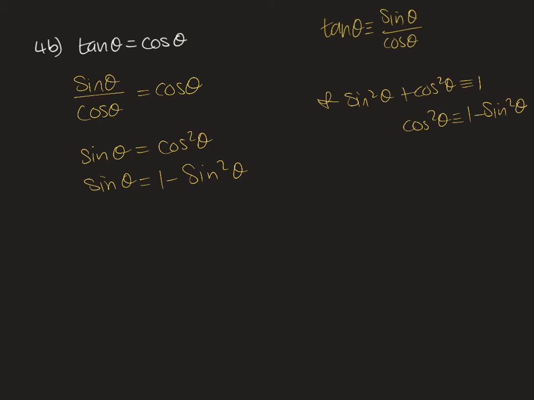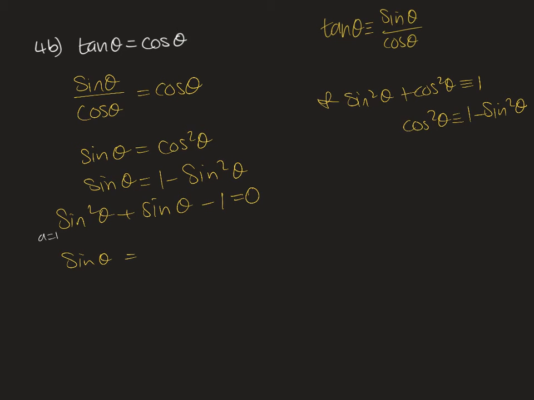Because it's a quadratic, we're going to have to set it equal to 0 to solve it. So sine squared theta add sine theta, take away 1 is equal to 0. This quadratic won't factorise, so now I'm going to have to use the quadratic formula to solve it. Sine theta is equal to, be careful with your coefficients.